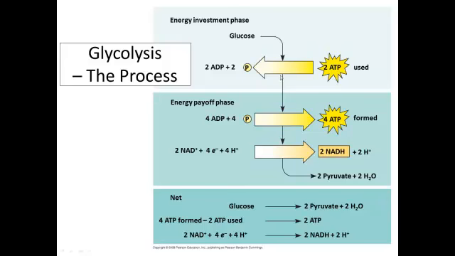After glucose is split into 2 3-carbon sugars, the cell makes 4 ATPs and 2 NADHs in the process of making pyruvate. Once you subtract the ATPs the cell has used, you have 2 net ATPs and 2 NADHs, as well as the 2 pyruvates and 2 waters that are formed.